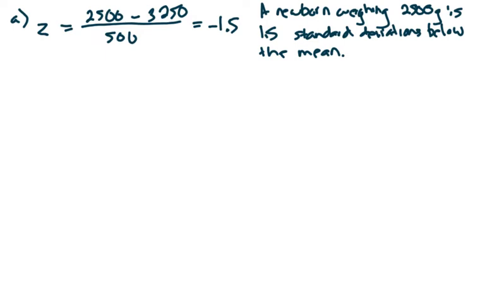Now we're going to do a little bit more with this problem because, even though this tells us how many standard deviations below the mean it is, that's what our z-score tells us, our z-score can give us a lot more information.